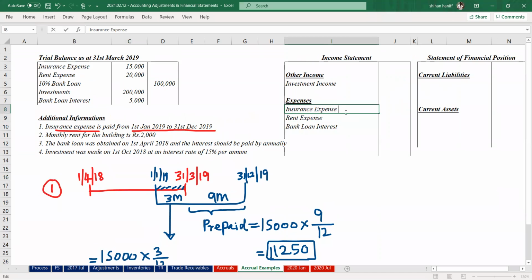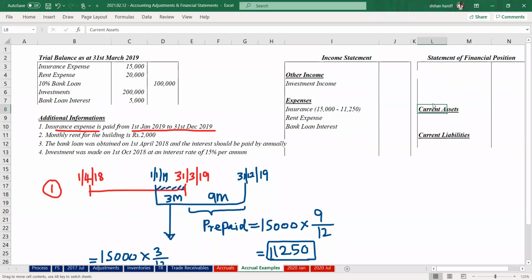Insurance expense. Let me take insurance. 15,000 was paid. Out of this, 11,250 is prepayment. That will be deducted. Prepayment is minus, and it is taken under current asset.